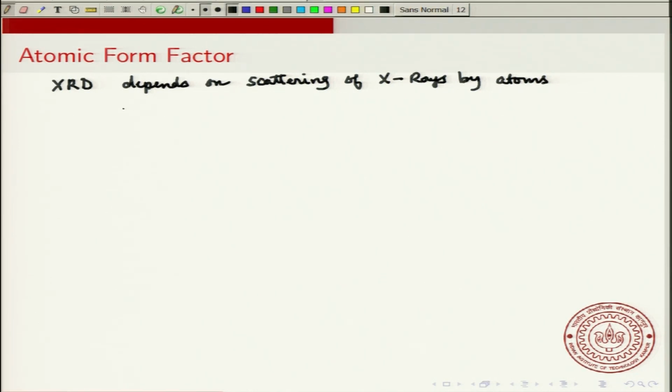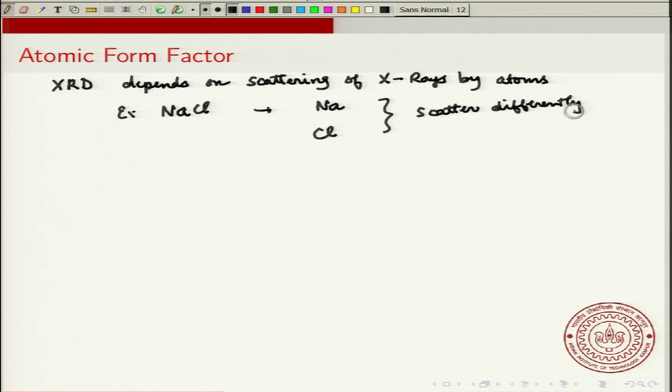So for example, if you have NaCl, Na and Cl atoms scatter differently. That means the scattering intensity of Na and the scattering intensity of Cl will be different.